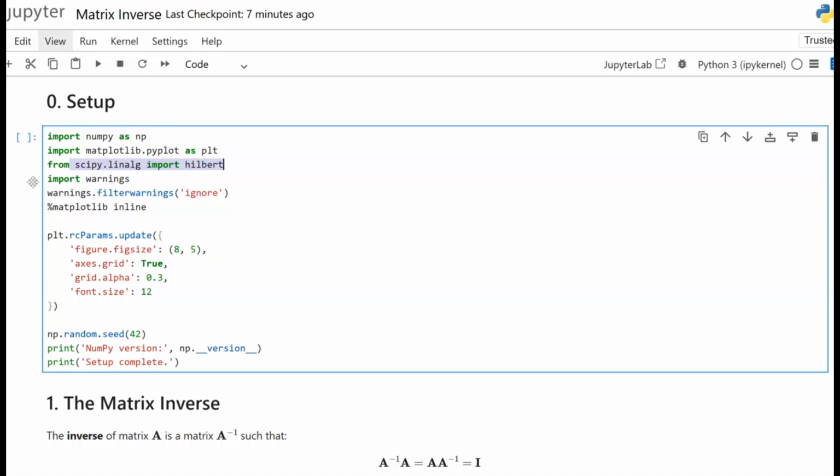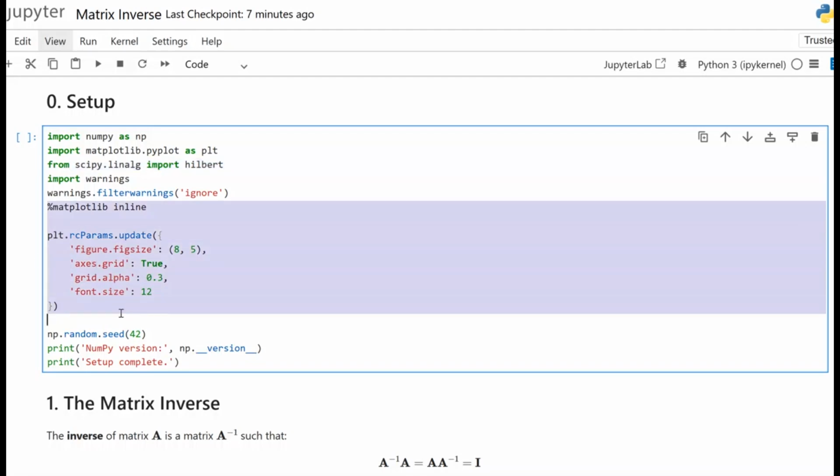And yes, dear friends, we have included the warnings. This imports Python's built-in warnings module, which allows control over warning messages generated during execution. And we have included the default parameters for the font size, enabling the grids and setting the transparency of the grid lines to 30%.